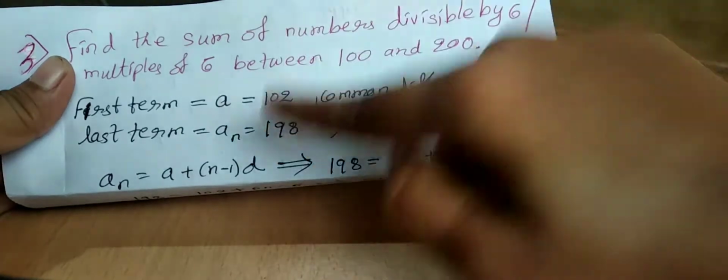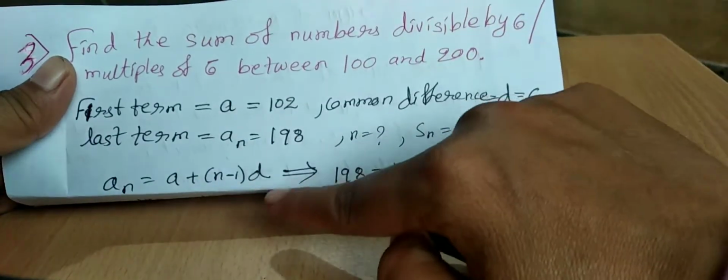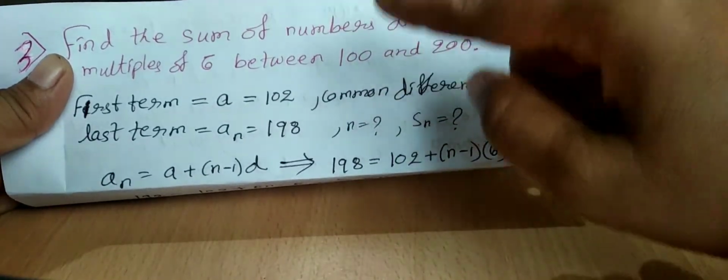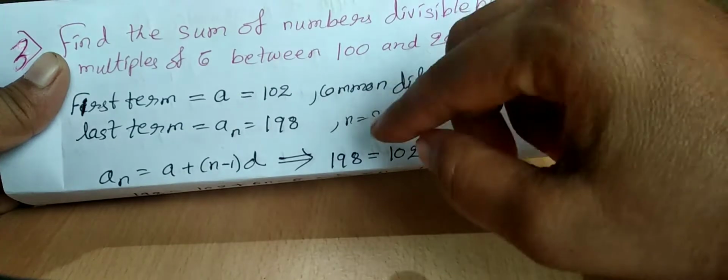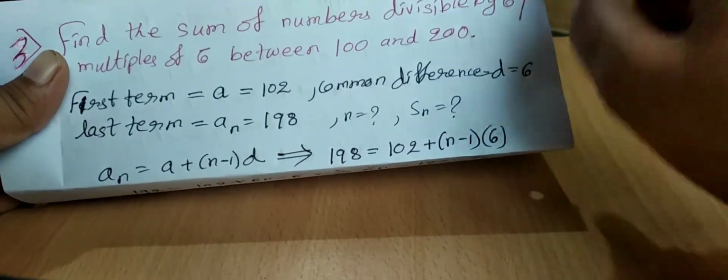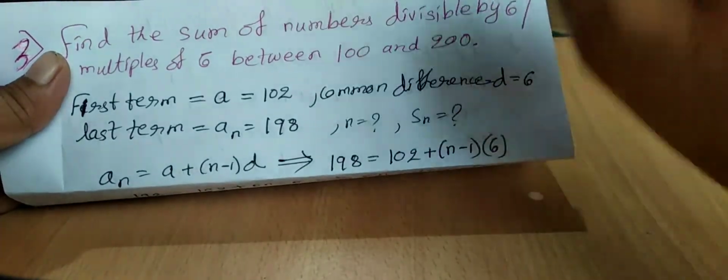So we don't know n and we don't know Sn. But here I got the opportunity of finding the last term. The Sn formula is Sn equals n by 2 into (a plus an), where an is the last term. But without knowing n, I can't find the summation.